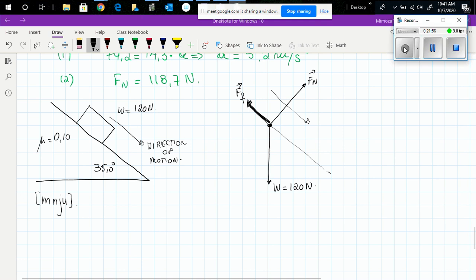So now let's create those new axes. The new horizontal axis is going down the incline. The new vertical axis is going along the force normal. And then the extension of the new vertical axis is creating the same angle as the incline with the force of gravity, 35 degrees.